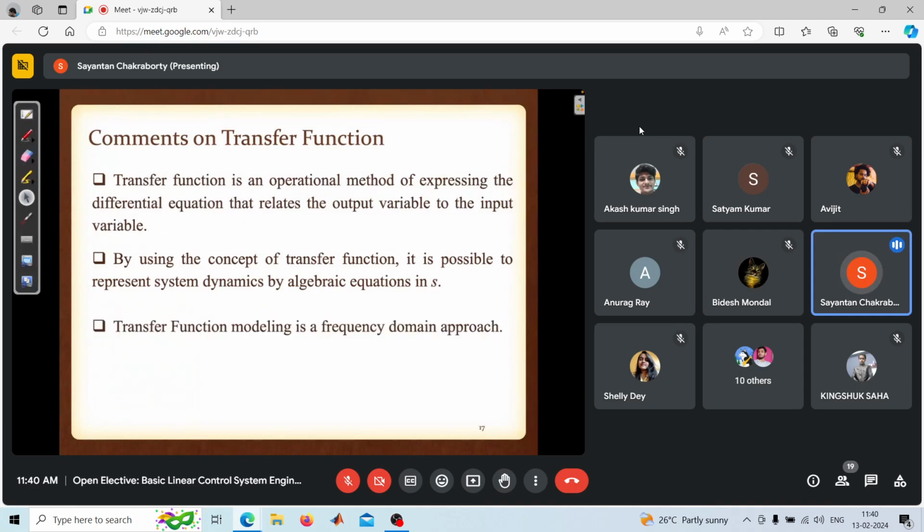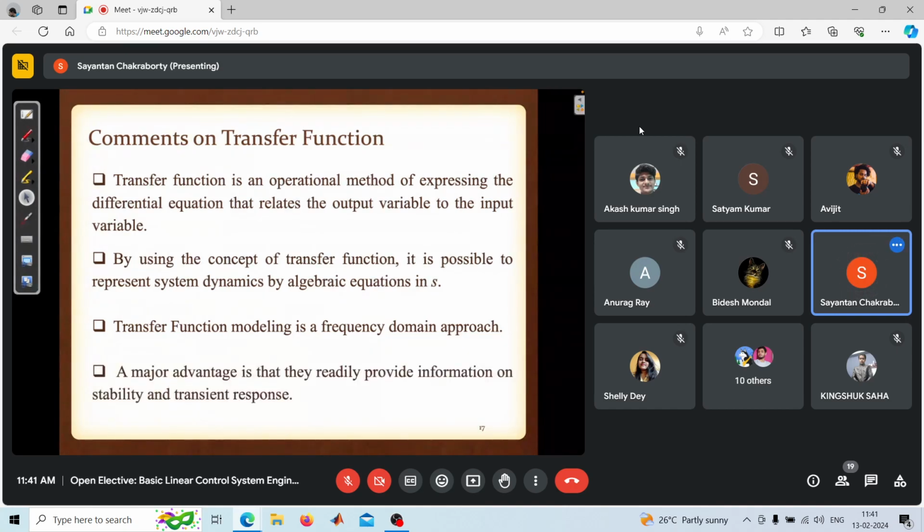And since it is in the S domain, it is a frequency domain approach, right? Now, a major advantage is that from the transfer function, some information about the stability and the nature of the transient response can be made readily available.